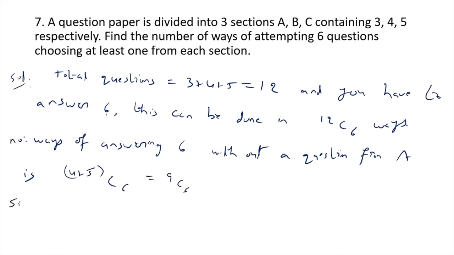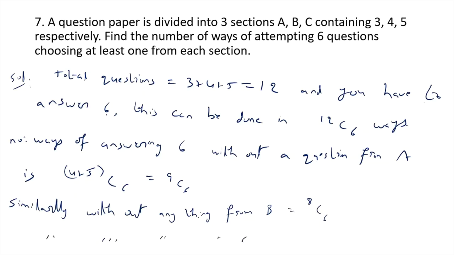Similarly, without any question from B is going to be 3 plus 5 choose 6, which is equal to 8 choose 6. And similarly, without any question from C is equal to 3 plus 4 choose 6.